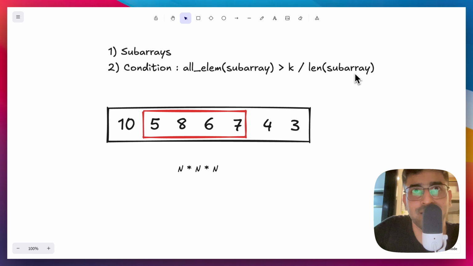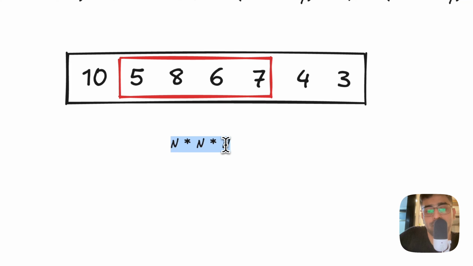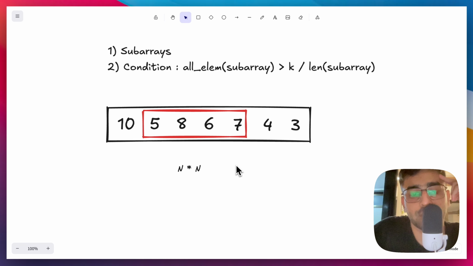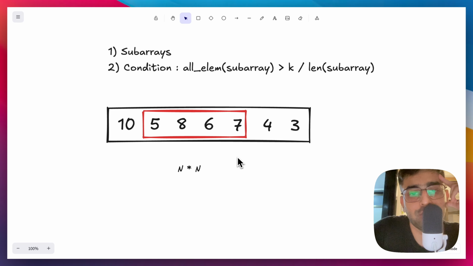Because they are greater than 5. Okay. Hence, what I can do is instead of iterating through all the elements, I'll just use one variable which will track the minimum element in the subarray. Okay, and this is how we can eliminate one of the n. Okay, I hope you understood this part.